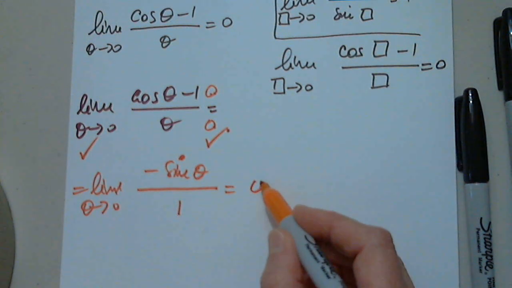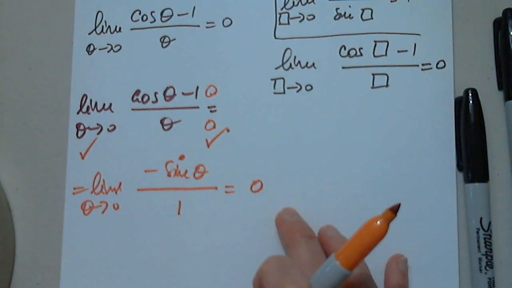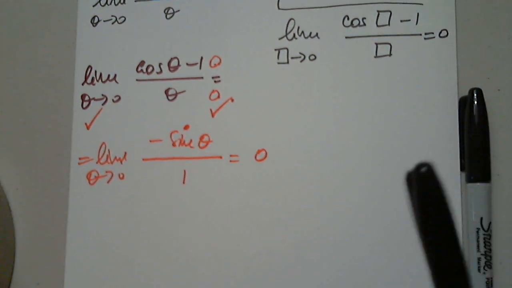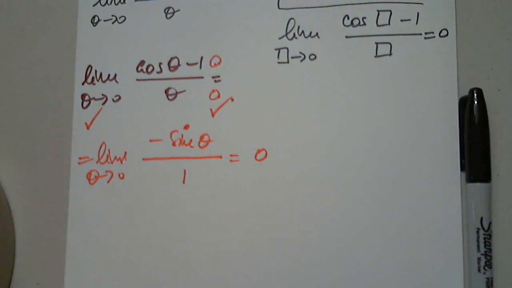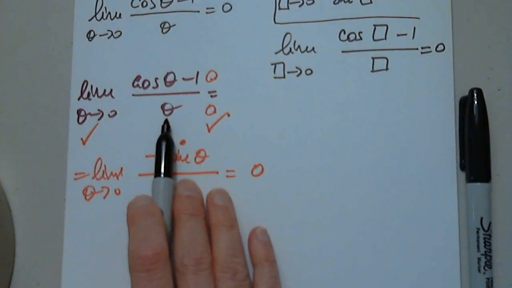The answer is going to be 0, of course, because sine 0 is 0, 0 over 1 is 0. Okay, so now let's come back to 57. Did you get the 1 in the denominator one more time? The derivative of theta is 1.